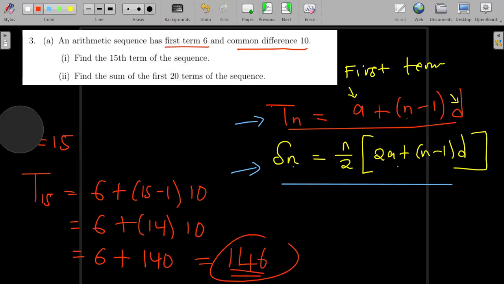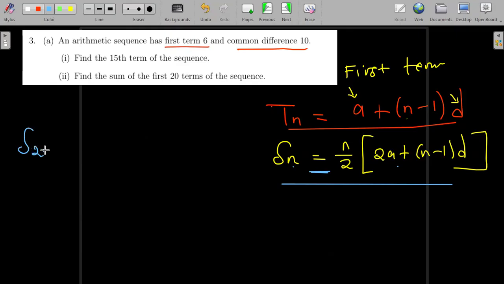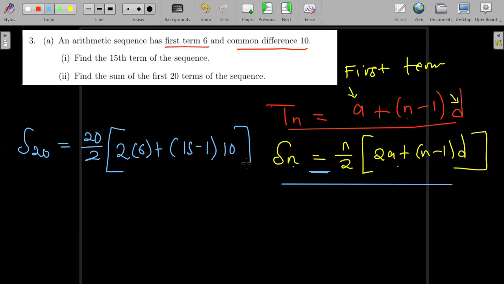Let's look at question 2. They are asking us to find the sum of the first 20 terms of this sequence. So we use this formula. S20 is equal to 20 over 2, and then we multiply 2 with a, which is 6, plus (15 minus 1) multiplied by d, which is 10.